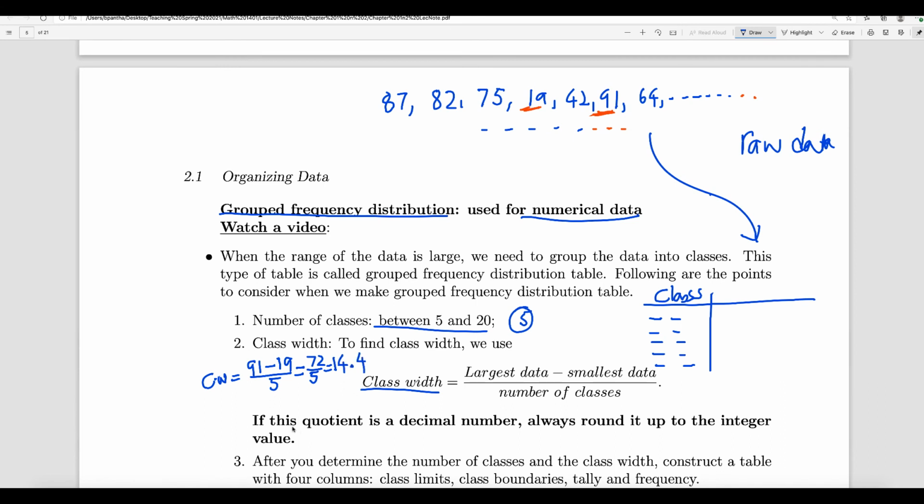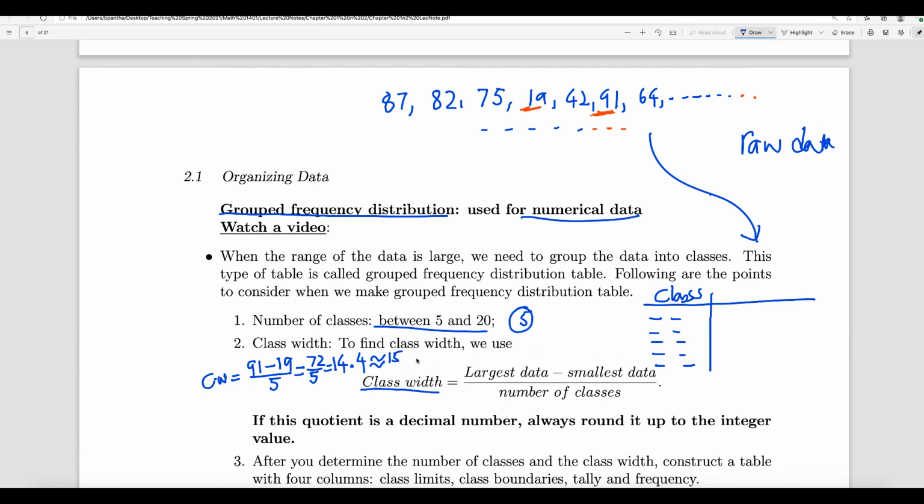Okay. If the quotient is a decimal number, always round it up to the integer value. So you always round up. It does not matter whether this decimal value is less than 5 or greater than 5. Always round up for the class width. That will be 15.